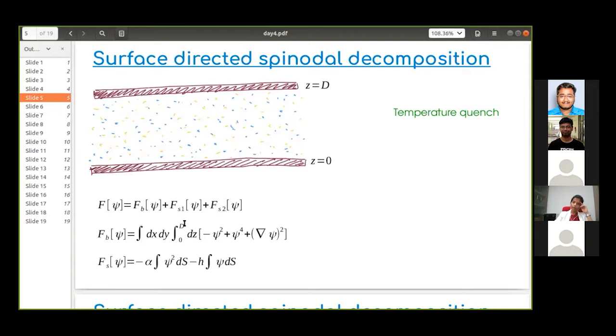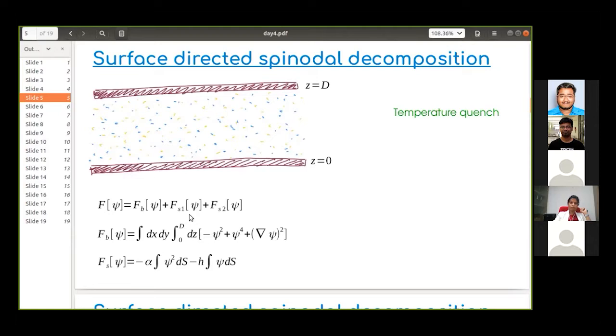Now, if you think about it, if you want to look at the free energy of the whole system, basically the fluid, you can divide it into 3 parts. One part will be purely the bulk contribution, the bulk free energy. The bulk free energy is the free energy you obtain when you don't have any surfaces and there are no surface effects, which means it corresponds to periodic boundary conditions, etc. In addition to the bulk free energy, you will have contributions because of the 2 surfaces.